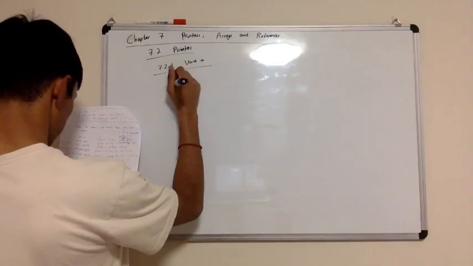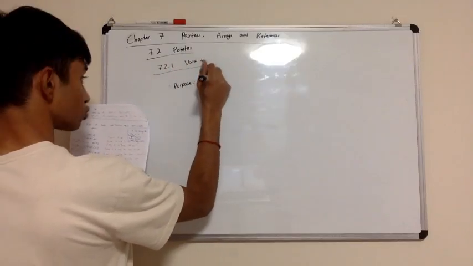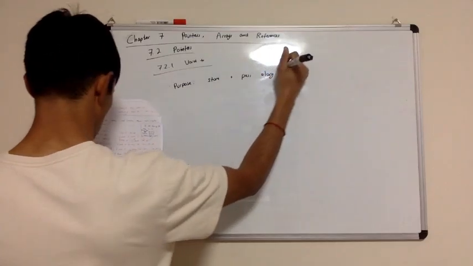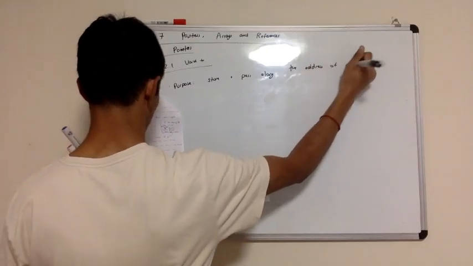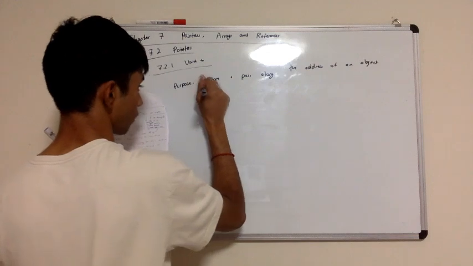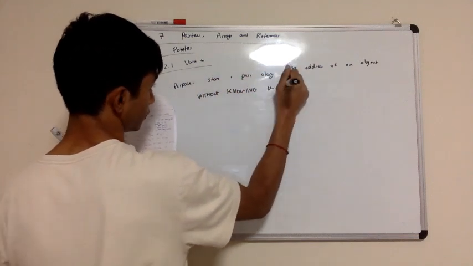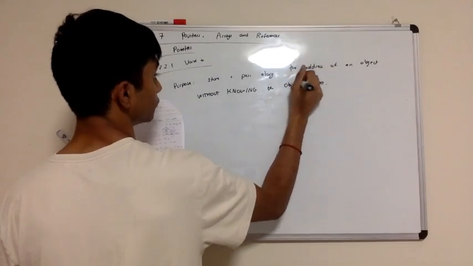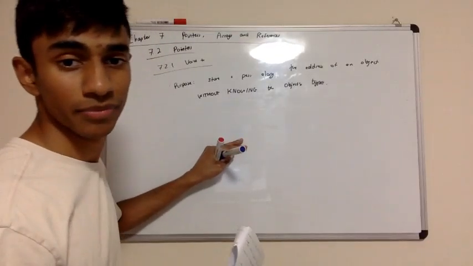The main purpose of them is to store and pass along the address of an object without knowing the object's type. I cannot stress enough that void is not for objects with no type, because every object has a type.